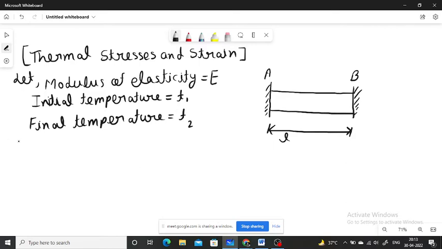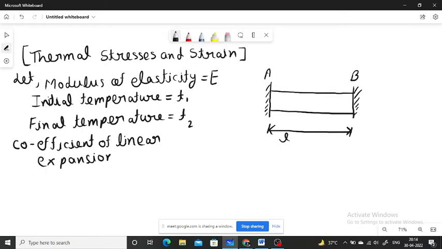And coefficient of linear expansion of this bar is alpha.